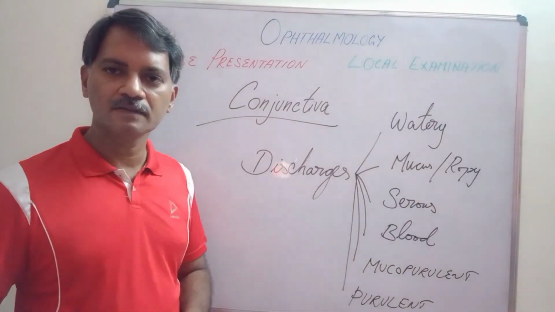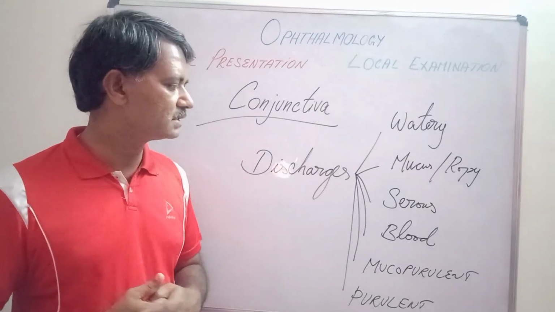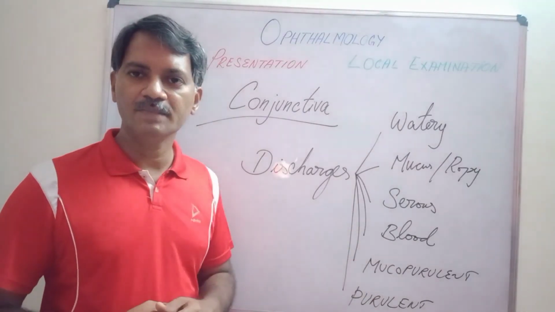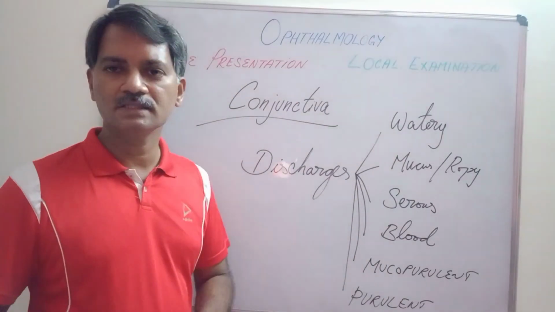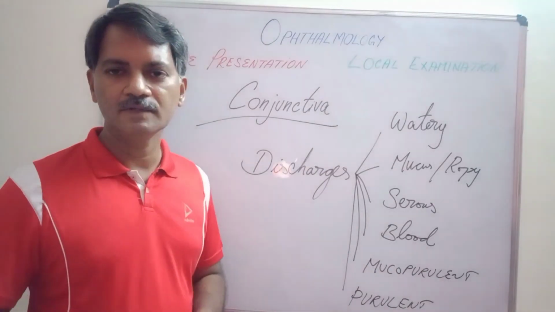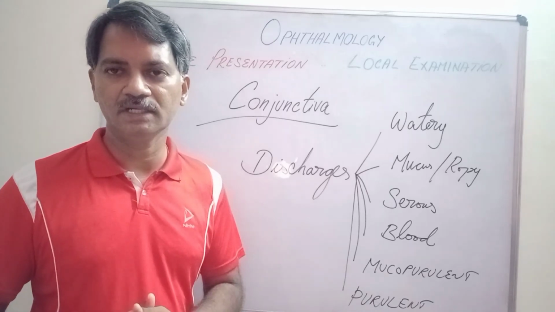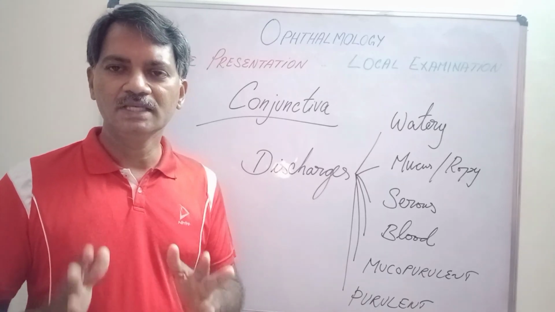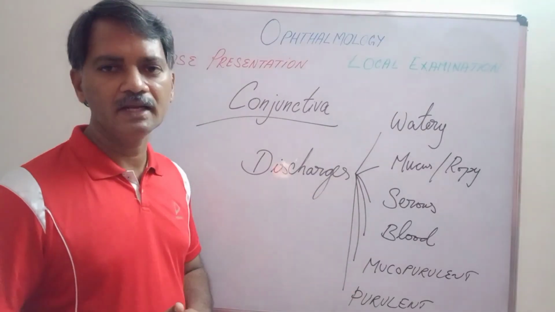Serous discharge, once again, is present in viral conjunctivitis. Blood discharge can be seen in gonococcal conjunctivitis. Mucopurulent discharge can be seen in chlamydia infections. Purulent discharge can be seen in bacterial infections of the conjunctiva. So, these are some of the types of discharges we commonly encounter.